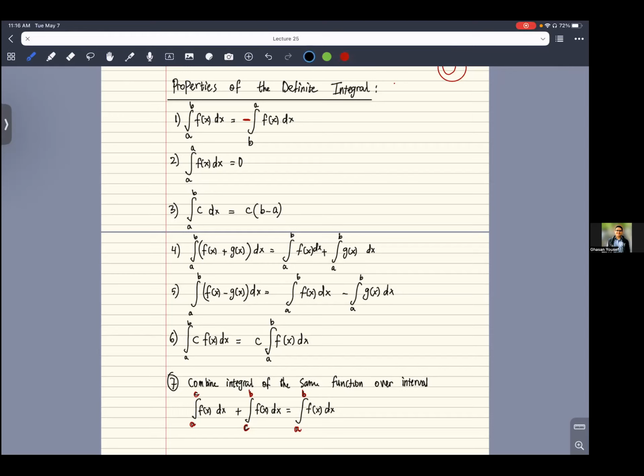C belongs to the real numbers, any value, any number. It is not supposed to belong to the interval. Make sense? The question from Freddy is whether C is just a point belonging to the interval from A to B. No, C is any real number.